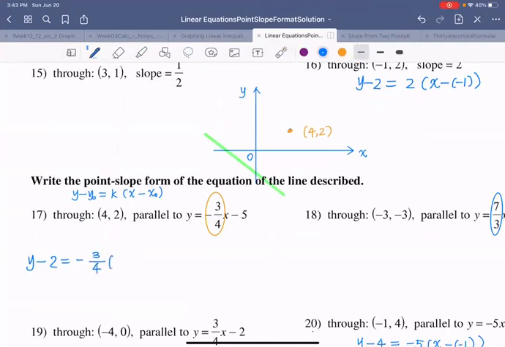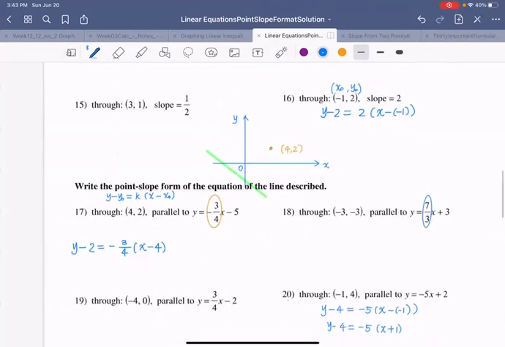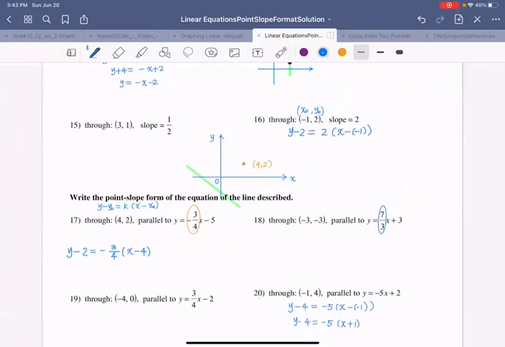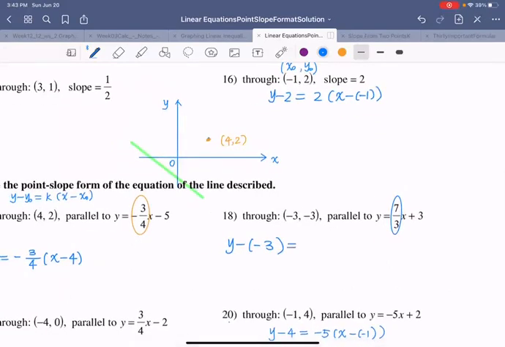Next, x minus 4. Right, yeah, x minus 4. My bad. Lastly, number 18. y minus -3 equals 7/3 times x minus -3.